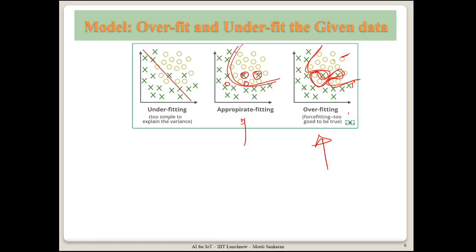So we want the model to not be as complex as this, which is not good. This is a simple model because we have graceful changes to the border. But we don't want it so simple like a single straight line. That is also not good. This is underfitting. So this is called underfitting, this is called overfitting. We want the model to be here. Now what are the advantages of having it here?